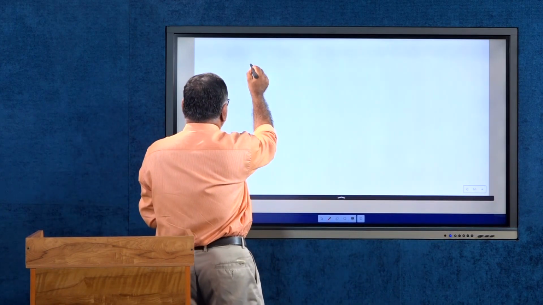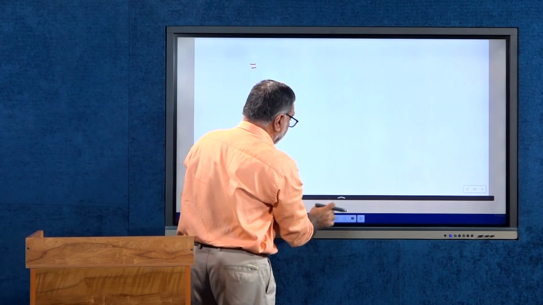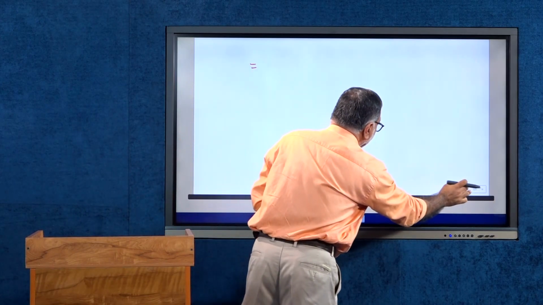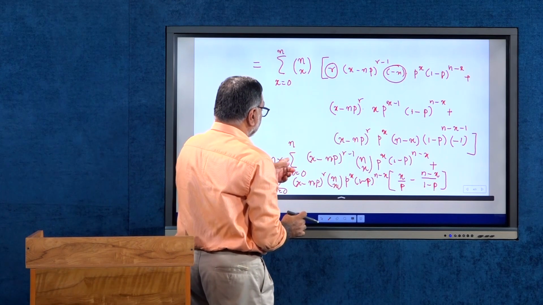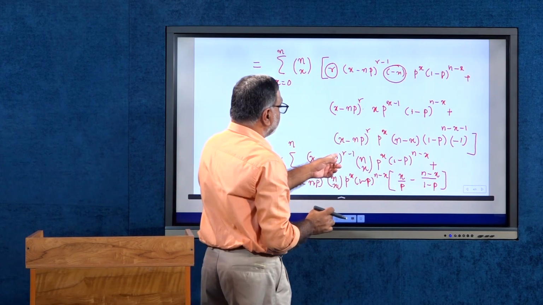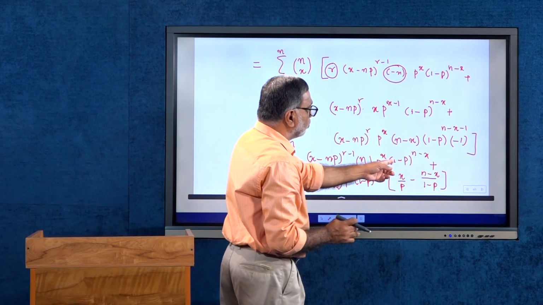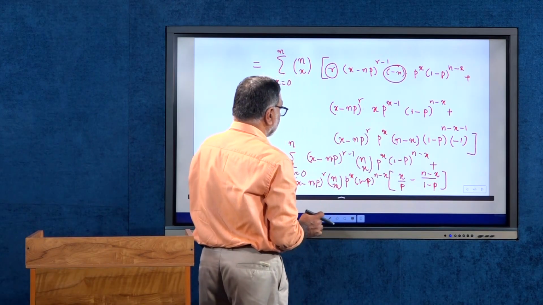That is again written as, this is equal to, see, we have first expression is minus nr (x minus np) power r minus 1, nCx p power x (1 minus p) power n minus x. That is our first expression.